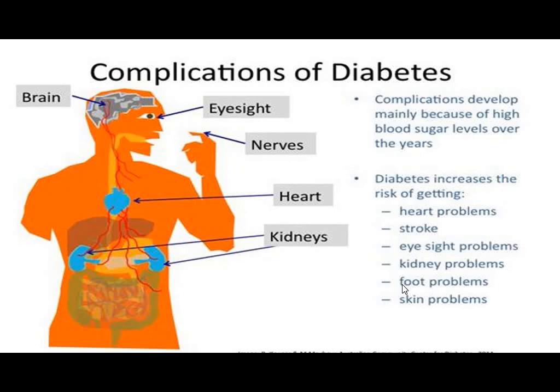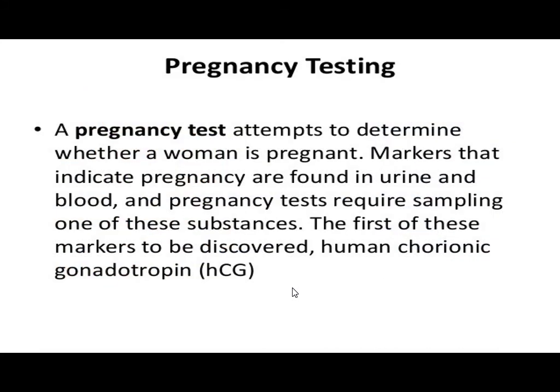You can have feet problems, primarily because the blood system has been compromised, so blood making its way down to the extremities has less energy, less things in it, and it causes problems. You can also have skin problems. So a lot of complications as a result of diabetes.